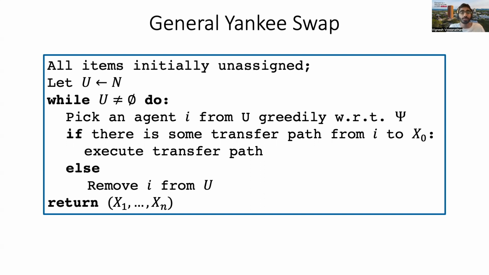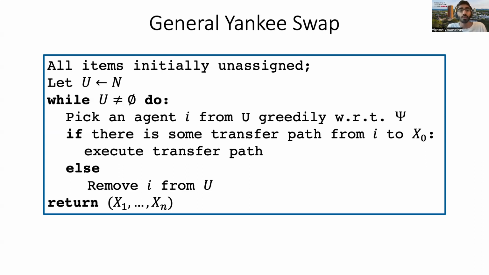Otherwise, just pretend that i does not exist anymore. That is, remove i from play and continue the algorithm. And finally, once you've either removed all the agents or you've run out of items to assign, you simply return whatever allocation you have built up so far.